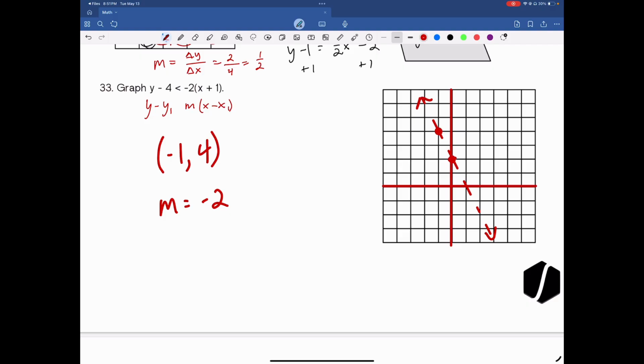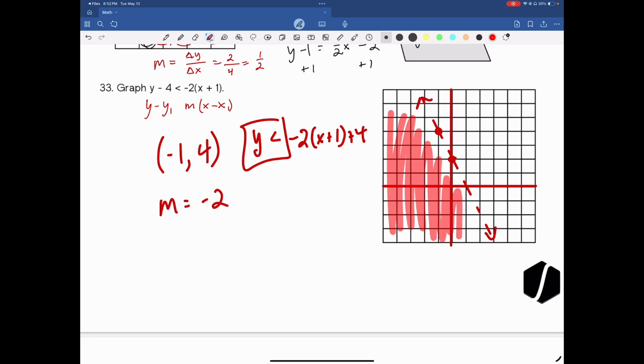And so if we moved the 4 over, we would have y is less than -2 x plus 1 and then plus 4. So as long as we have y is less than, that's going to tell us where to shade. And so in this case, we're going to shade underneath. So everything underneath the graph gets shaded. So we shade below. We have a dashed line because we don't have the equal bar underneath the inequality.